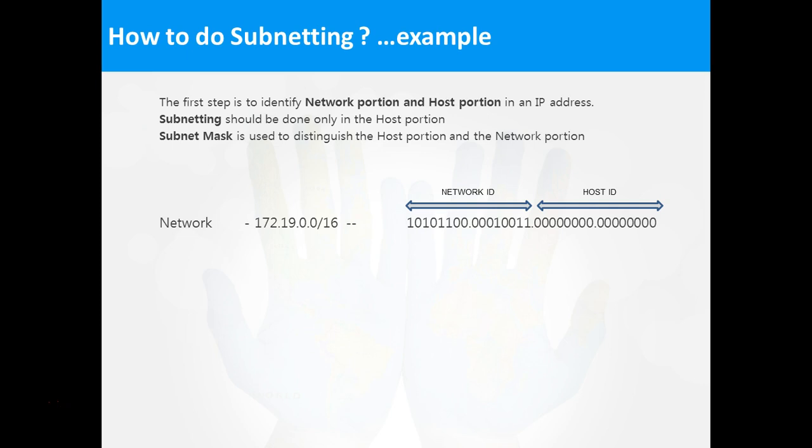Here, the first 16 bits are the network ID portion that I identified from the CIDR bit. The next 16 are the host portion. You can do subnetting only in the host portion. So now I am going to subdivide this entire network into pieces with the help of this host ID portion.